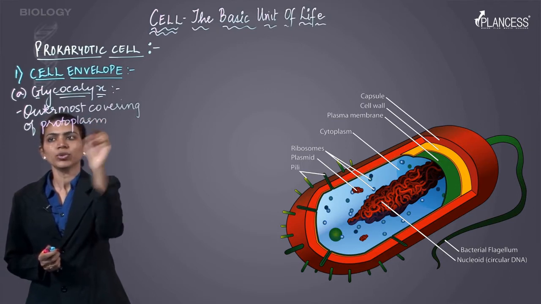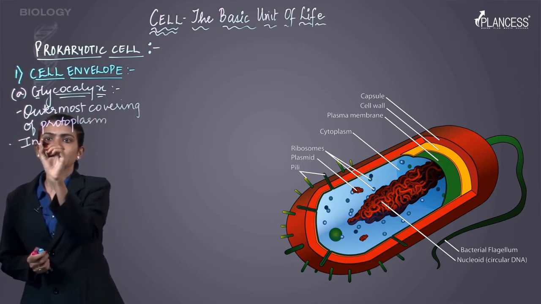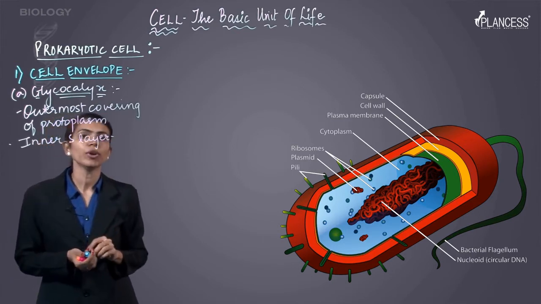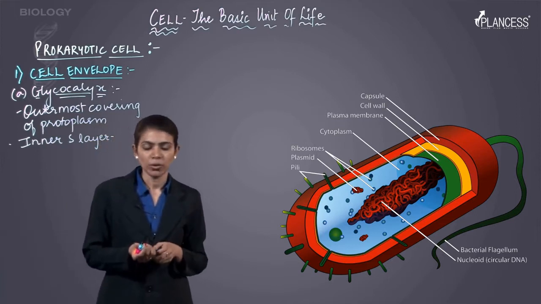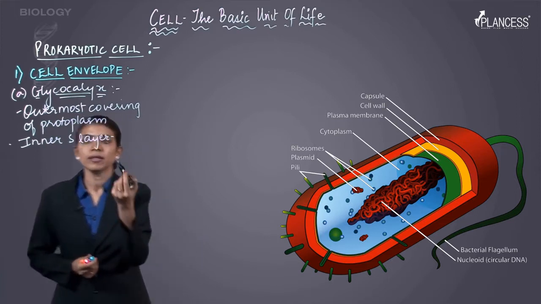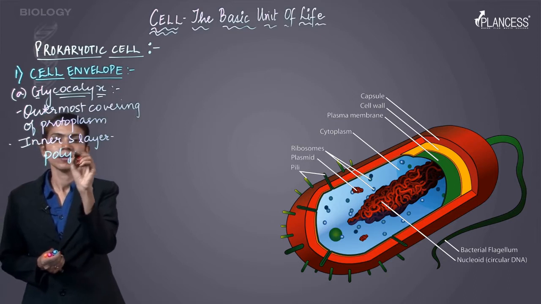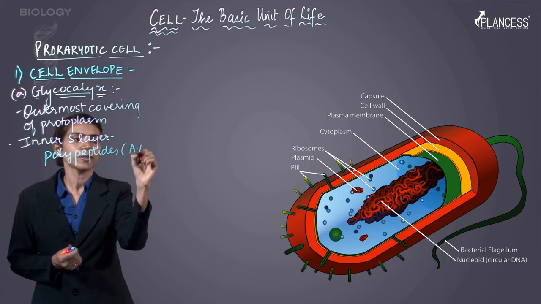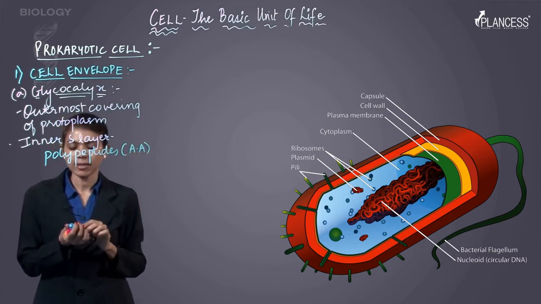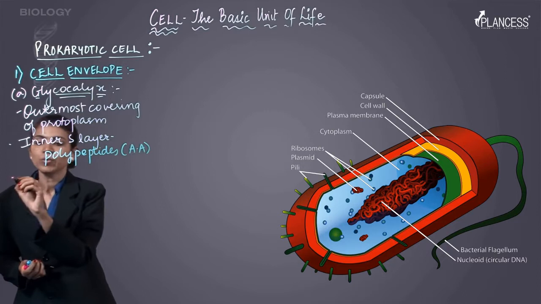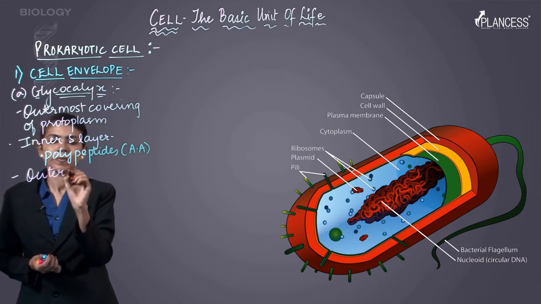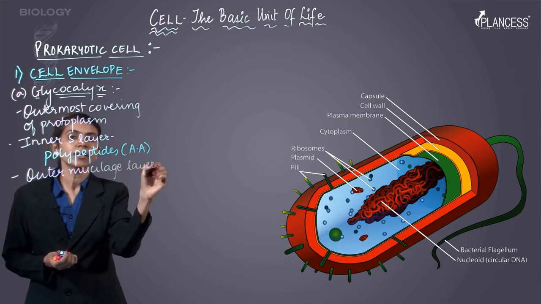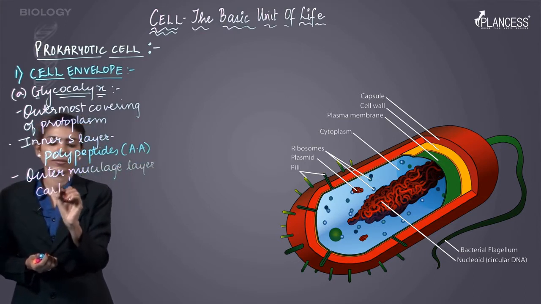It is divided into an inner S layer. Now this inner S layer is made up of polypeptides which are rich in amino acids. And the outer layer is the outer mucilage layer, which is rich in carbohydrates.